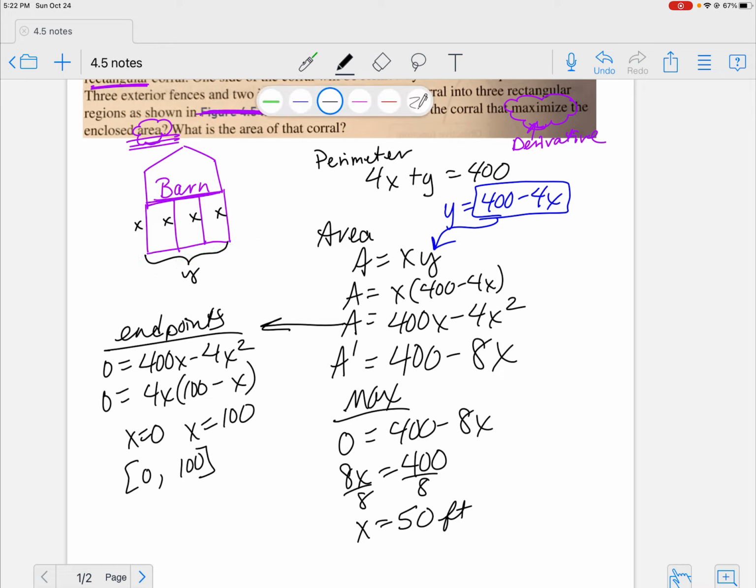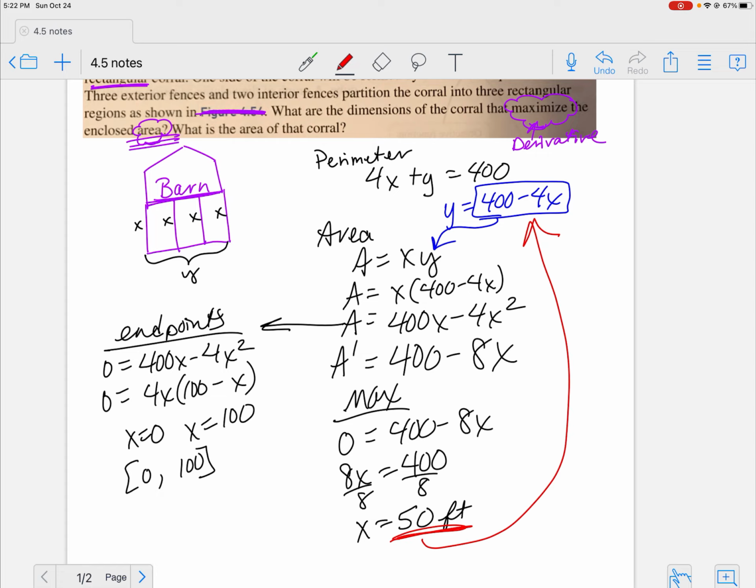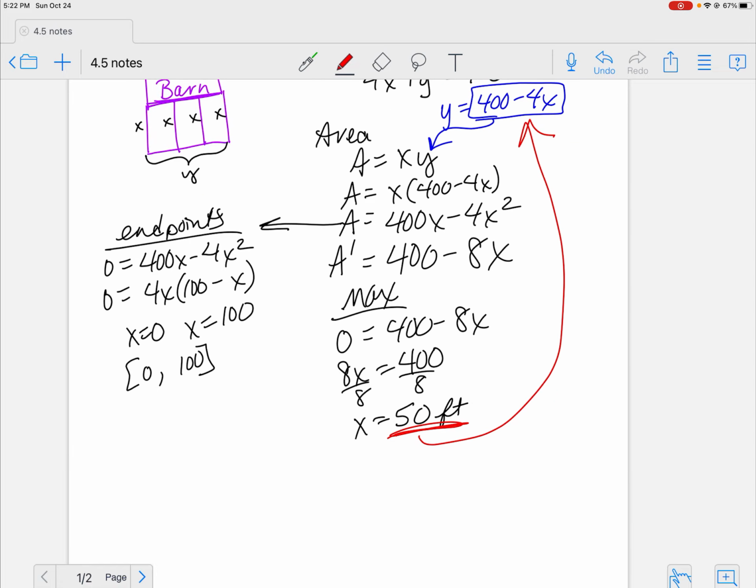So you're going to take this 50 feet here, plug it in to figure out what your y is. So y is equal to 400 minus 4 times 50. So 400 minus 200. So I've got 200 feet that I'm looking at.